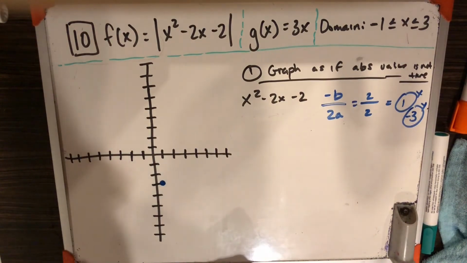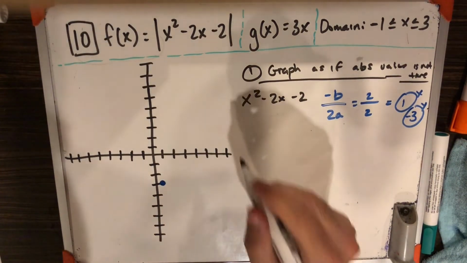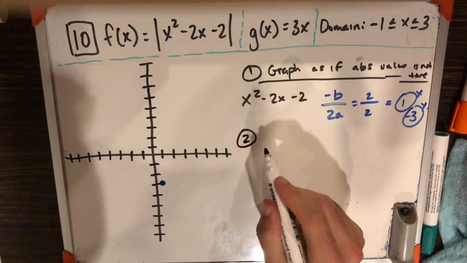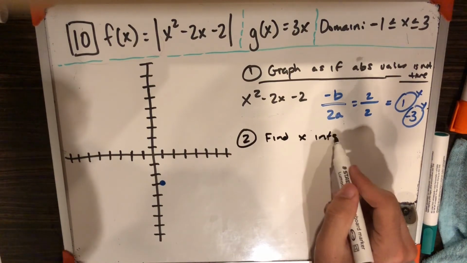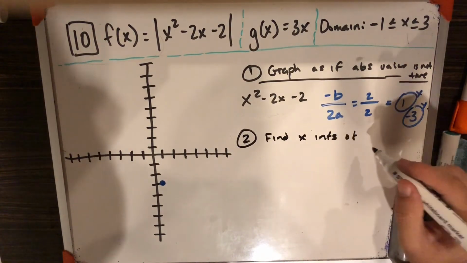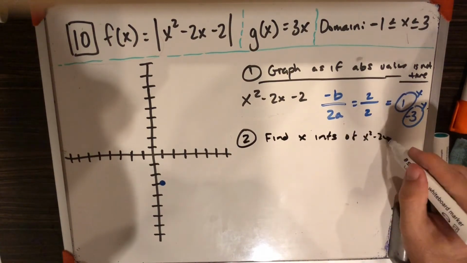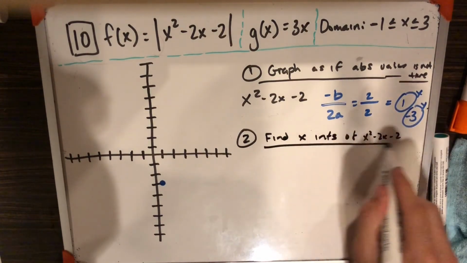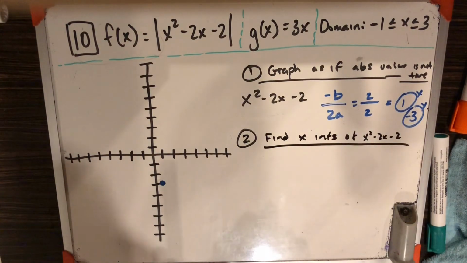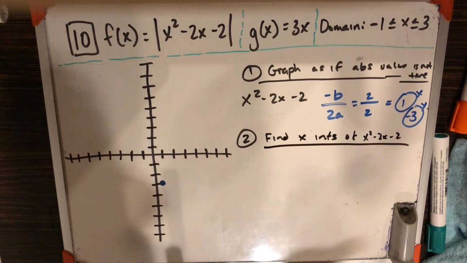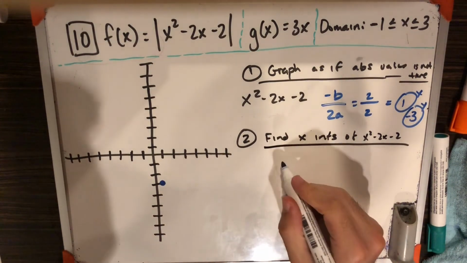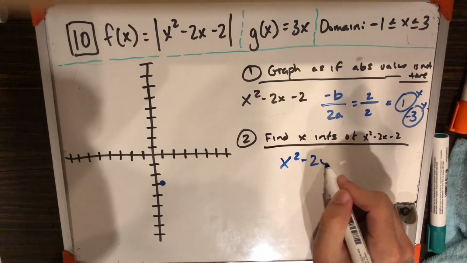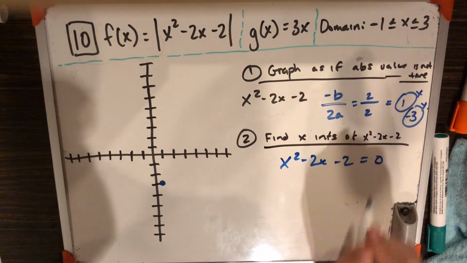Okay? Okay, so I need to graph the second portion now. Well, I need to find my x-intercepts of x squared minus 2x minus 2. Okay? All right. Again, to find x-intercepts, we need to make sure that y is 0, so x squared minus 2x minus 2 is equal to 0.